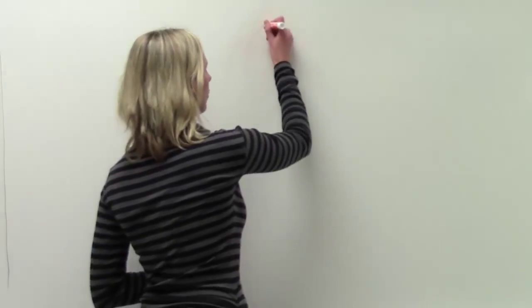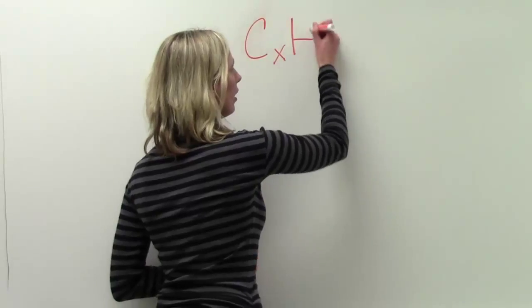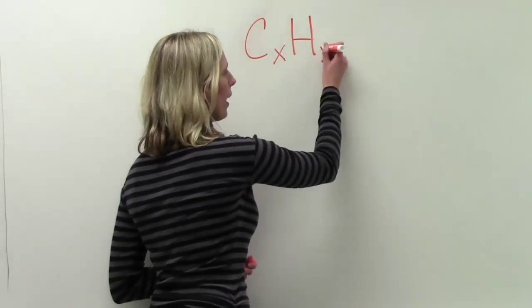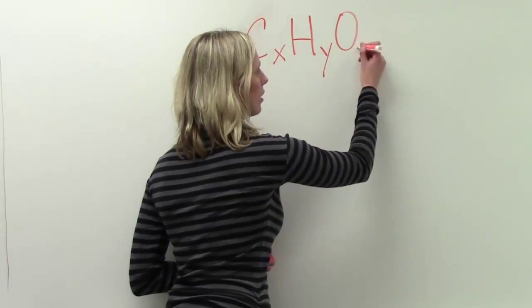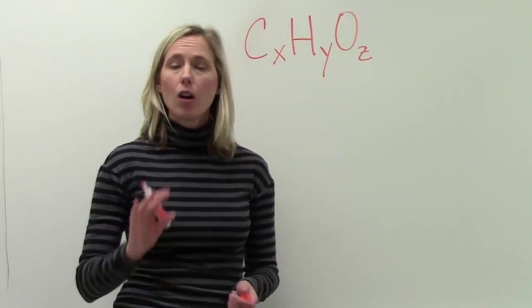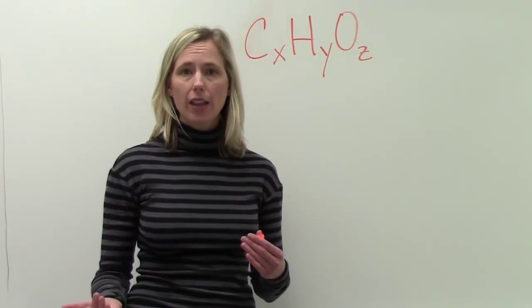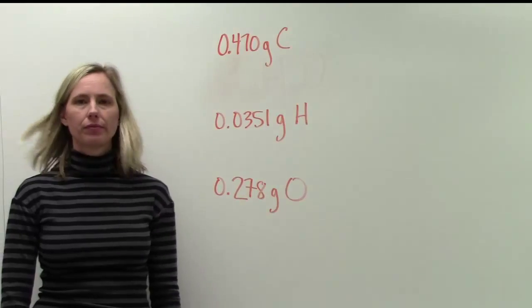In order to learn a little bit more about this chemical, we would need to figure out how many carbon atoms are there compared to how many hydrogen atoms are there versus how many oxygen atoms there are in the compound. We're about to do a little bit of math to help us figure out this basic formula.